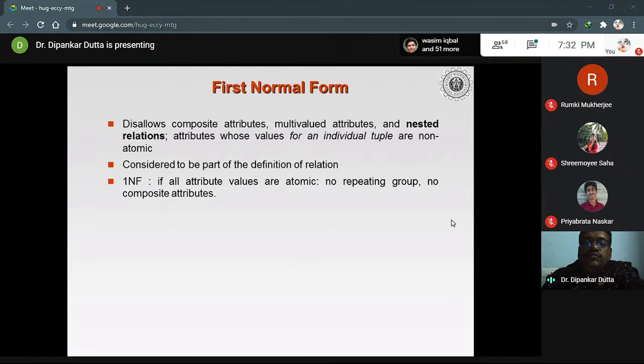Now I am starting the first normal form. Okay. Now, in a table, we disallow composite attributes, multi-valued attributes, and nested relations, that is, attributes whose values for an individual tuple are non-atomic.